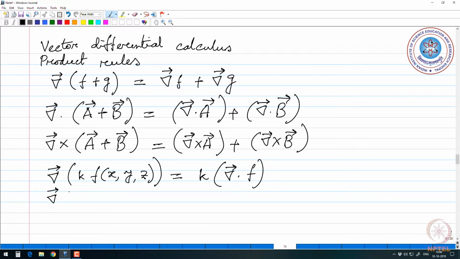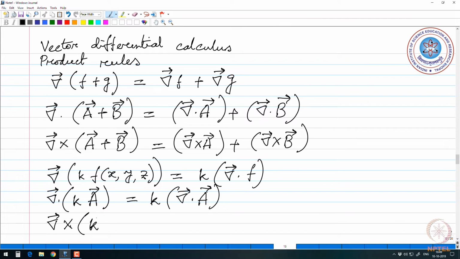So, the divergence of a constant multiplied by a vector is given as constant multiplied by the divergence of that vector. Same thing holds for curl as well. Obviously, curl of k times a vector is given as k times curl of a vector.